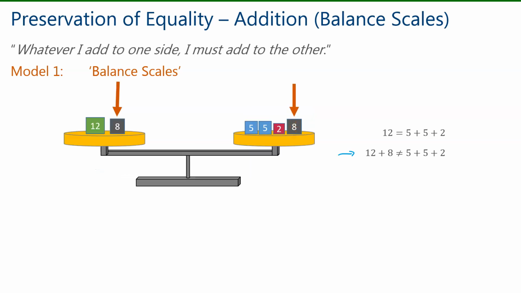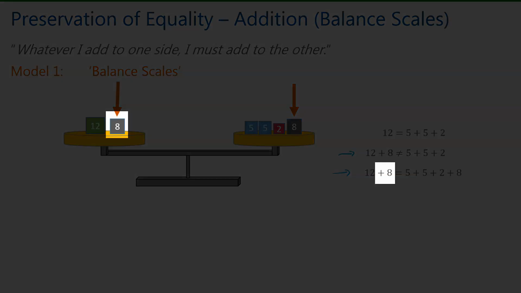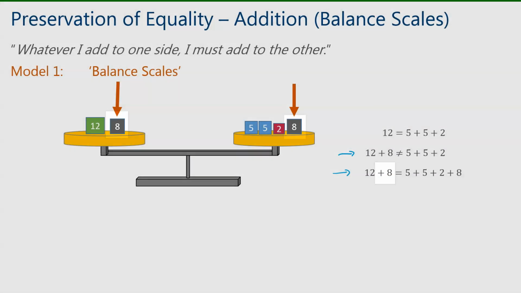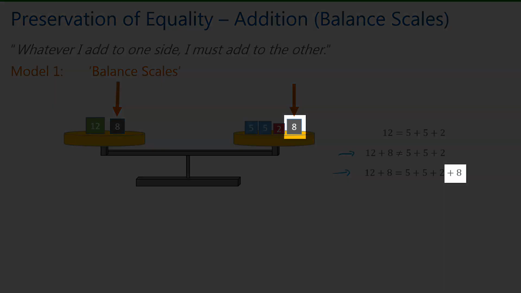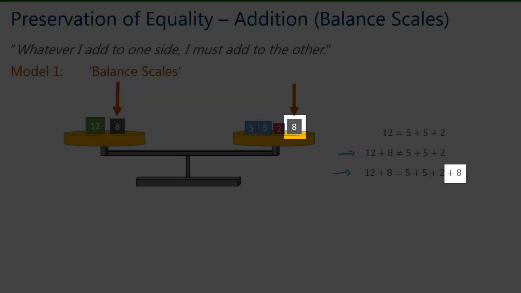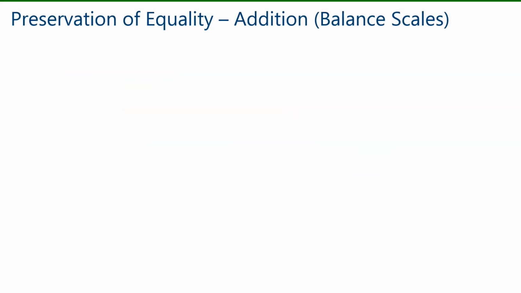There it is. We need to put a mass of 8 on the right-hand side. And of course, 12 plus 8 does indeed equal 5 plus 5 plus 2 plus 8. So when I added a mass of 8 to the left-hand side, I had to add a mass of 8 to the right-hand side to keep it balanced.